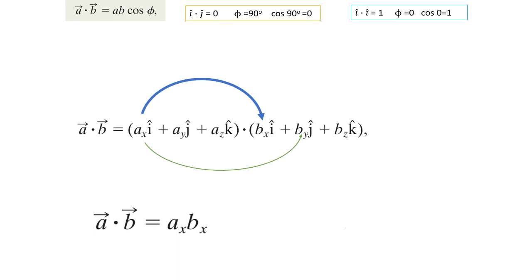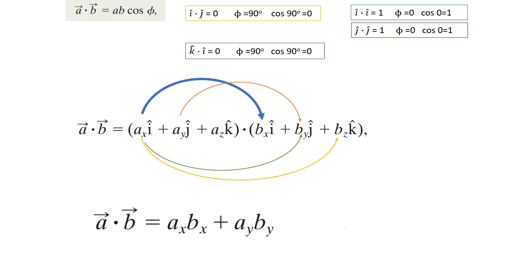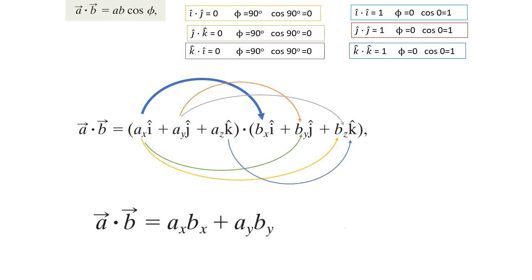Only the terms with identical unit vectors stay. If they are different unit vectors in a dot product, those terms vanish. So these are the multiplications, and in the end what you get is AX BX plus AY BY plus AZ BZ. So A dot B is this.